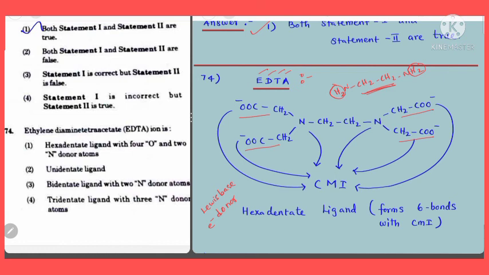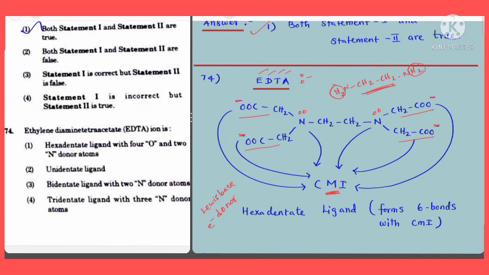Both nitrogens have a lone pair of electrons, so these two nitrogens can make bonds with the central metal atom. You can also see there are 4 O minus, 4 oxygen atoms that are also electron rich. Even these 4 oxygens can make bonds with the central metal atom.